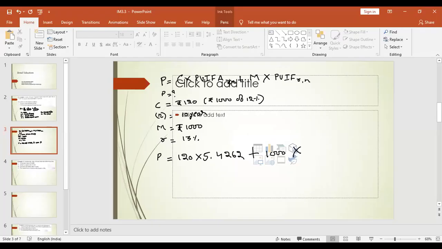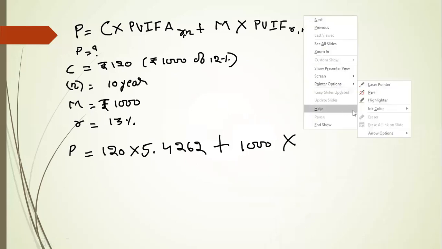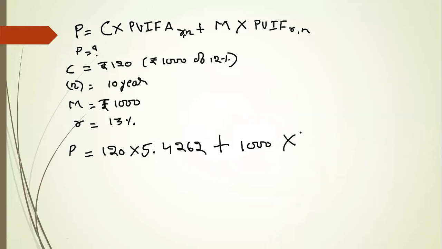Looking at the other table, 13% for 10 years, the value is 0.2946. I have just taken it as 0.295.